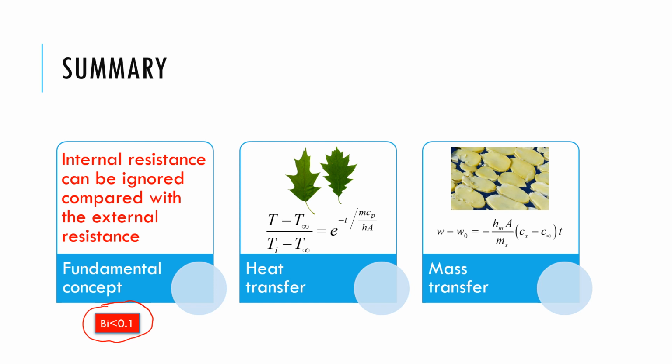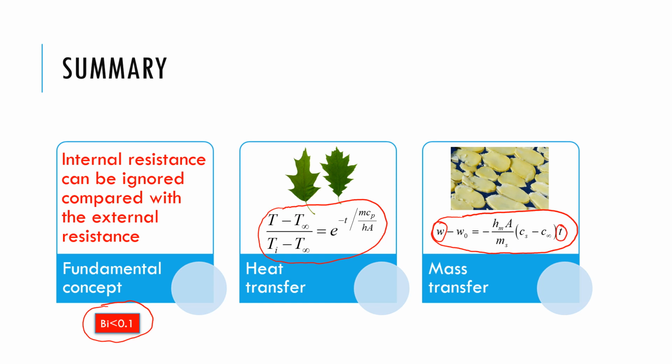And if we do that, then for heat transfer, we can come up with a very simple equation for temperature versus time. And likewise, for mass transfer, one of the many possibilities of lumped parameter formulation would give me this kind of moisture versus time.